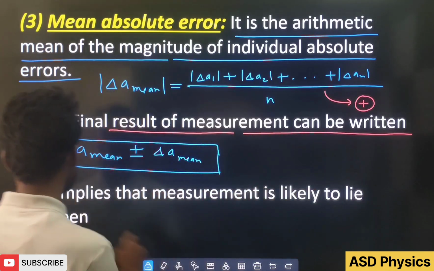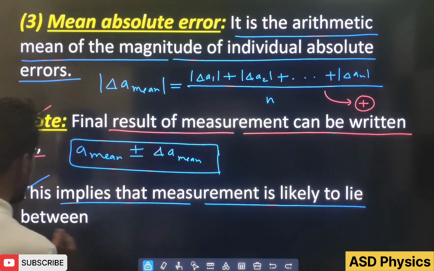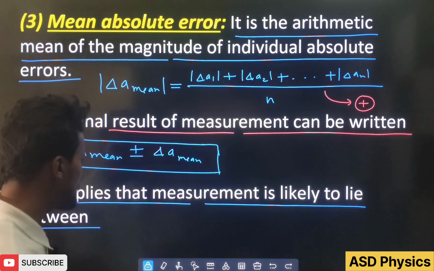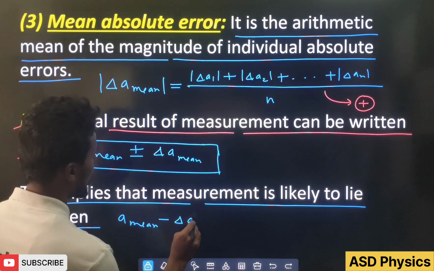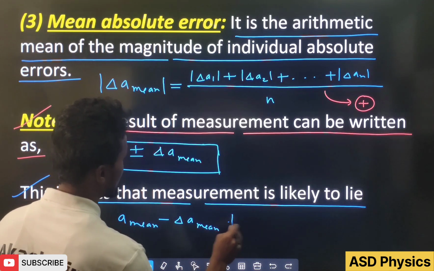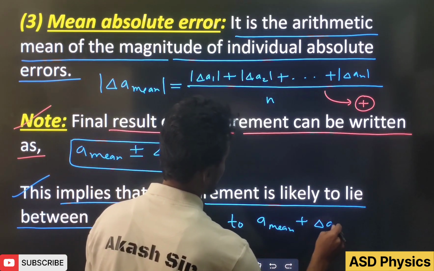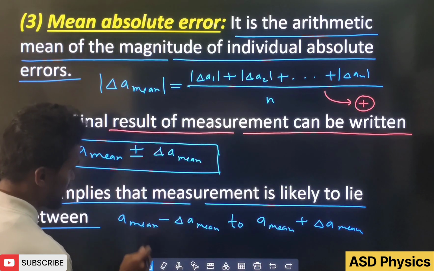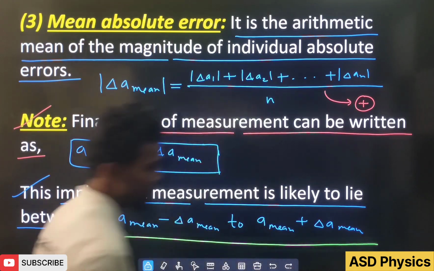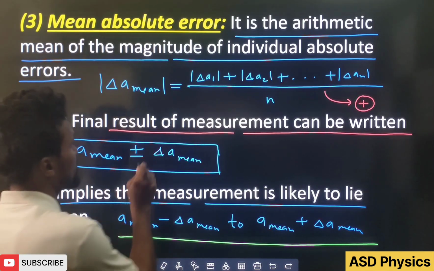This implies that the measurement is likely to lie between A mean minus delta A mean and A mean plus delta A mean. This is the maximum range where the measurement can lie. But remember that A mean plus minus delta A mean is very important.